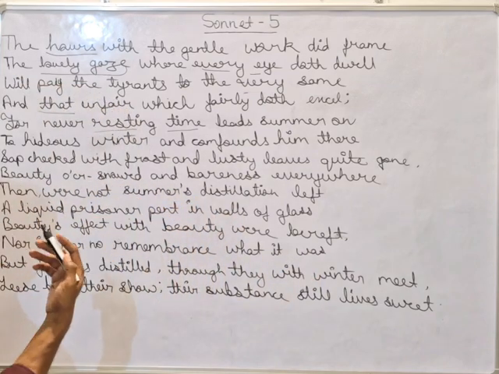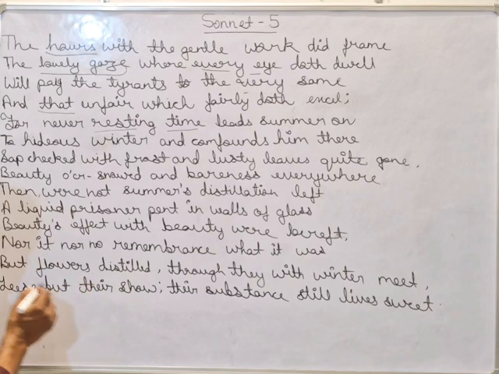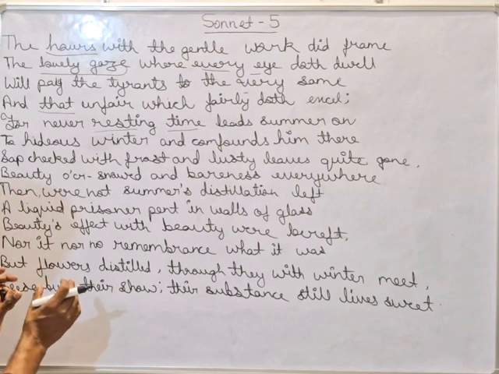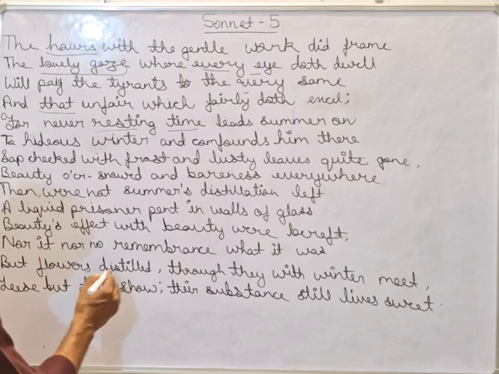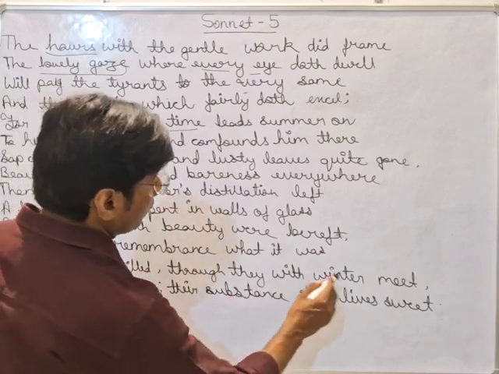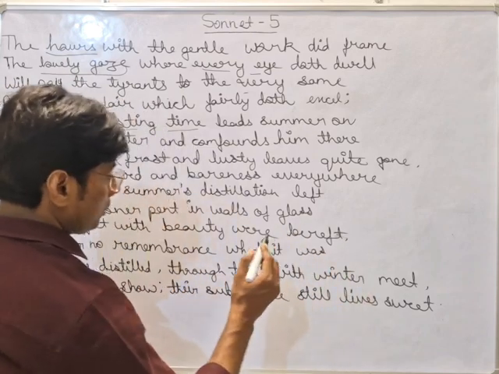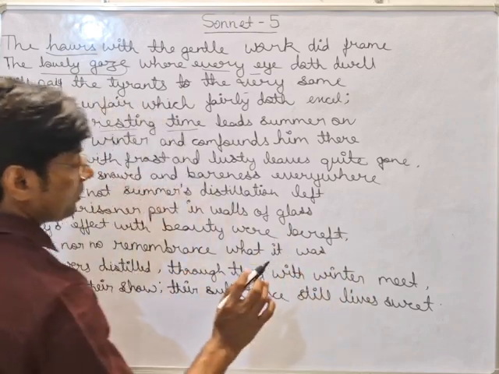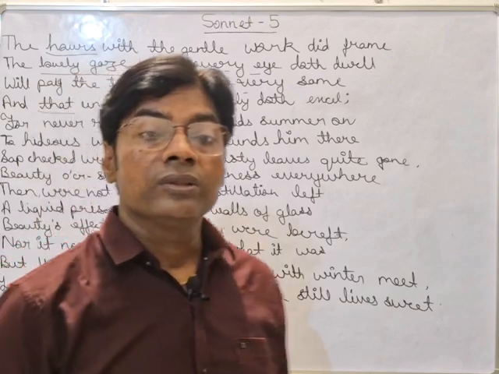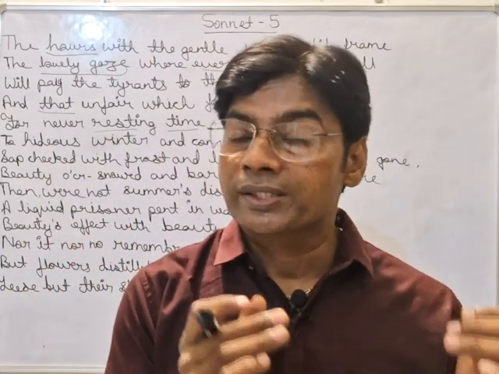So nobody is going to remember. "But flowers distilled, though they with winter meet, leese but their show, their substance still lives sweet." Those flowers, the essence of which was preserved through distillation, though they will be destroyed by the winter, the winter will not be able to destroy their essence. Why?